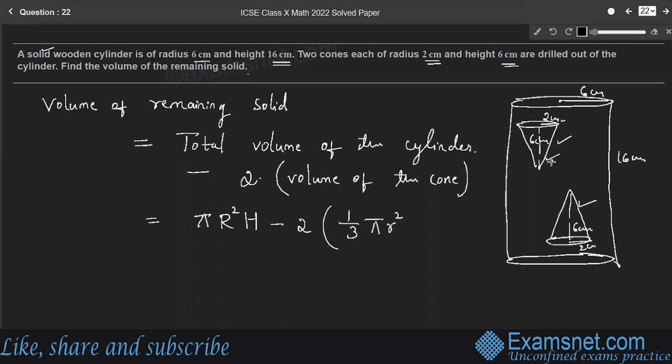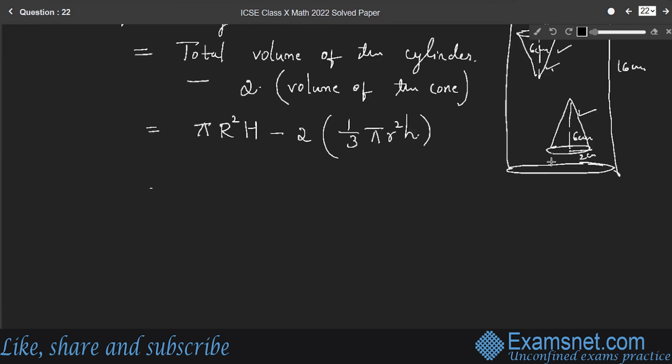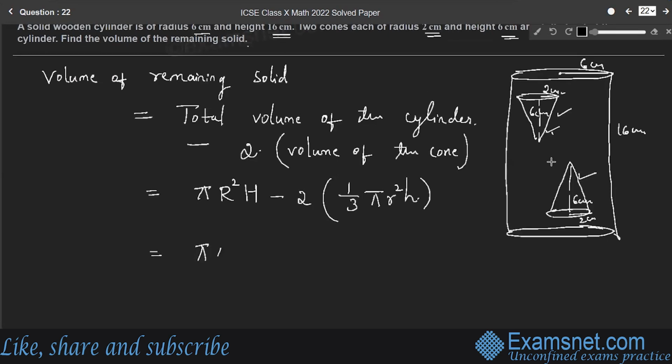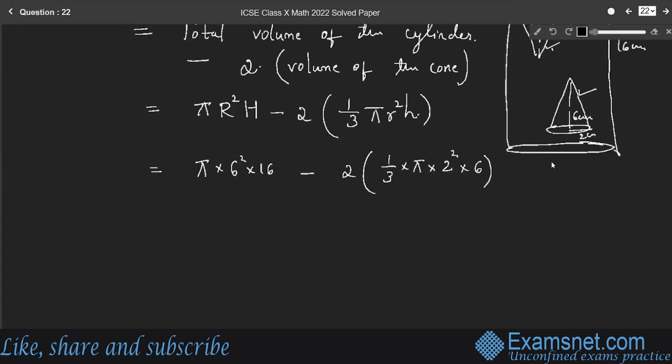We'll consider small r as radius of the cone and small h as height of the cone, right? So pi into radius square, radius of the cylinder is 6 centimeter, so it becomes 6 square into height 16, minus 2 times 1 by 3 into pi into radius 2 centimeter, so 2 square into 6. Simplify it.